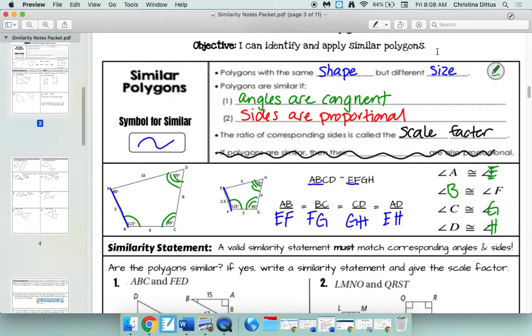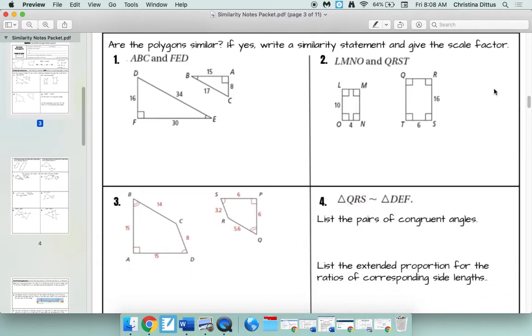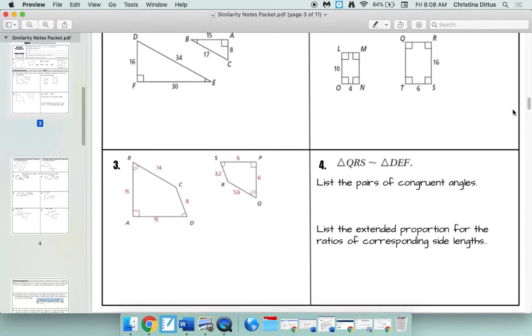Make sure your letters are in the right spots. How are we doing so far? Fantastic. So when we check for similar polygons, all we need to do is make sure that our proportions are the same.